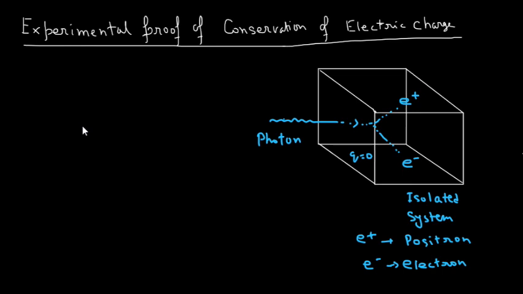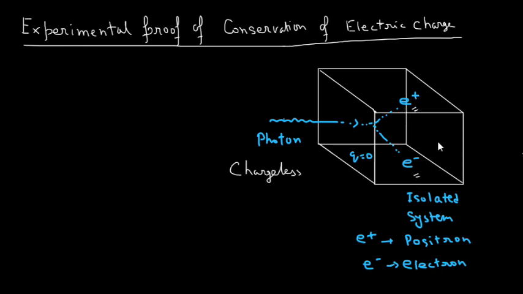Now, experimental proof of conservation of electric charge. Let us consider a highly energetic photon entering a box. A photon is a chargeless particle. As soon as it enters the box, it produces an electron and a positron.